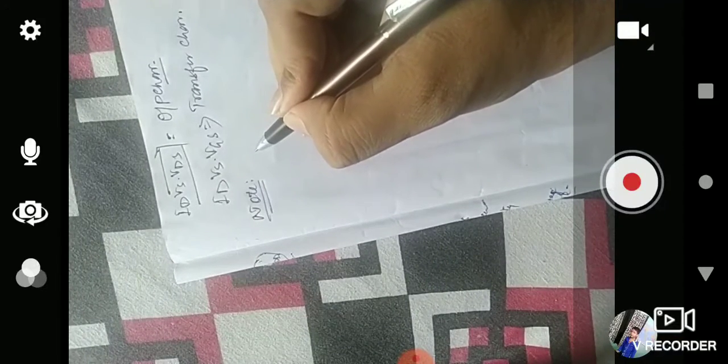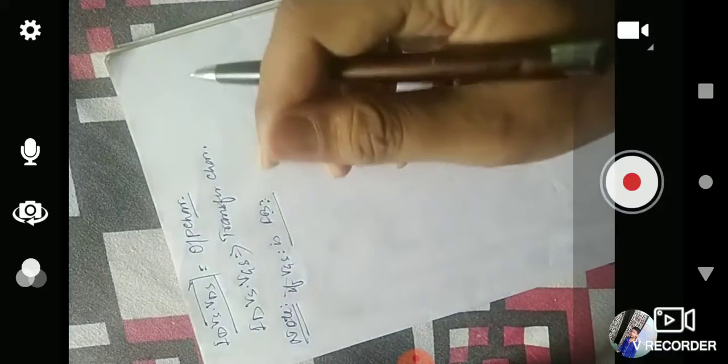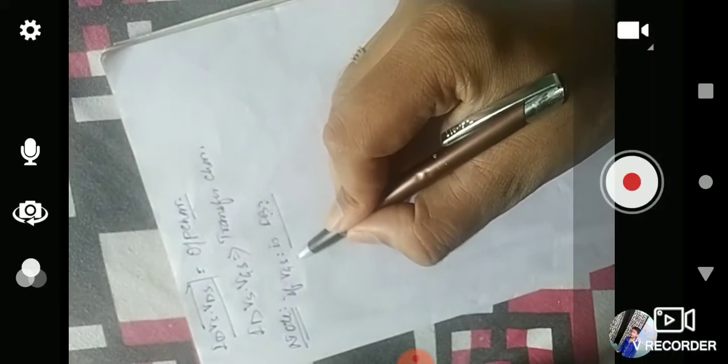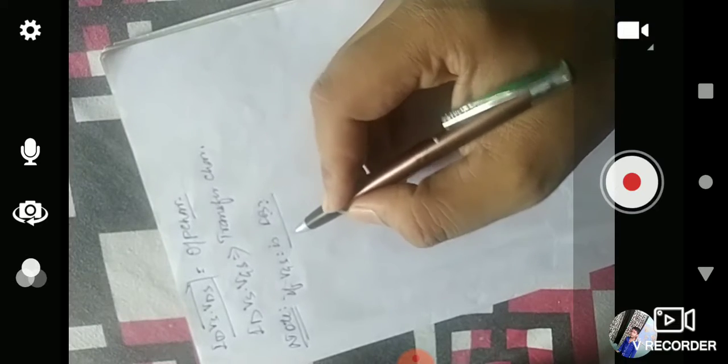Some things must be noted here. Suppose in a JFET, VGS is forward biased. This is a basic doubt you can ask: why do we always operate VGS in reverse bias? Suppose we operate VGS with forward bias, then what will happen?